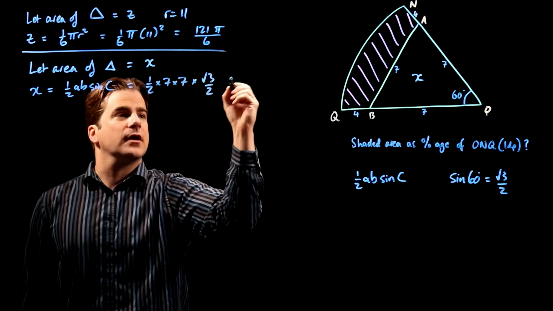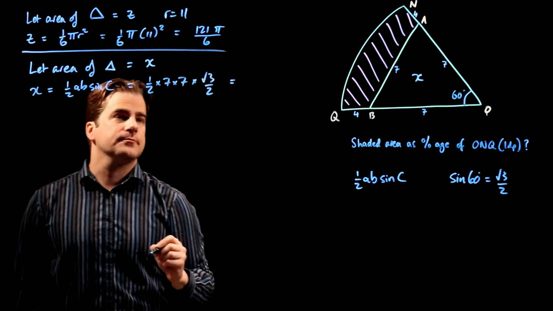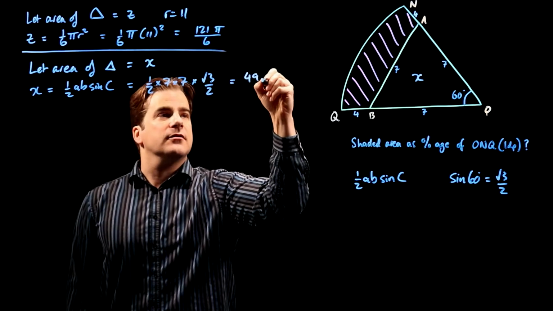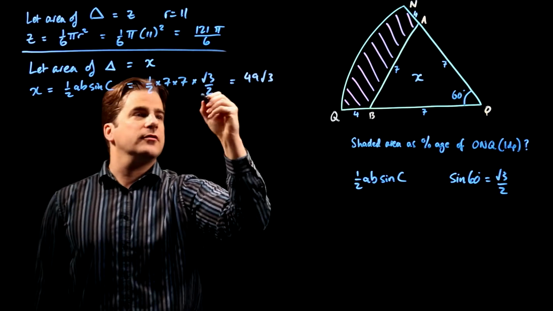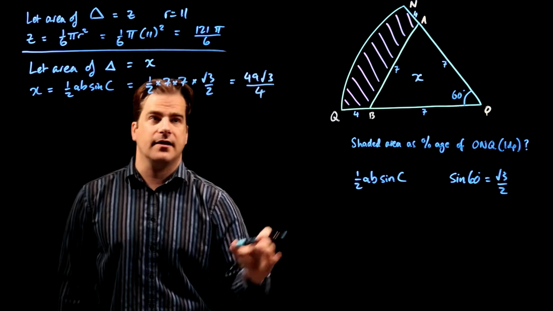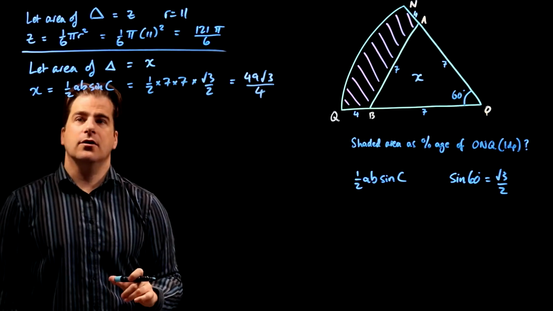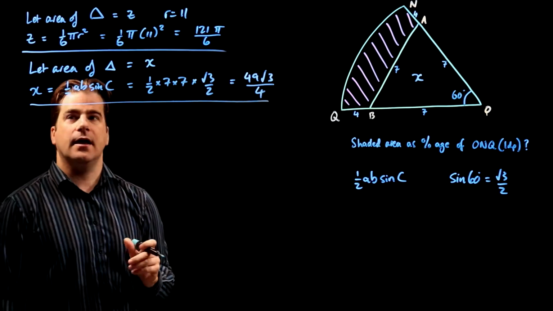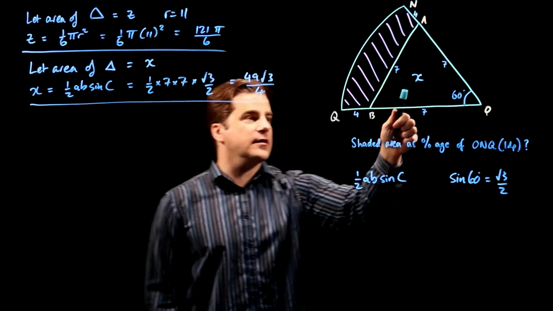Which is 7 times 7 is 49 root 3, that's everything on top, 2 times 2 is 4. And again, I'm going to leave it like that. Do the calculation at the very end. Good. So we've got the area of the triangle.